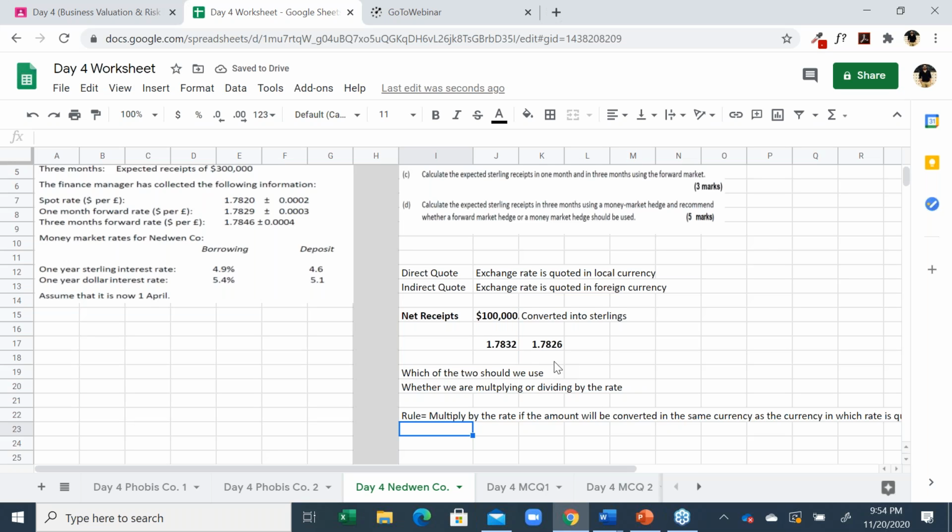Otherwise, divide. The rate given is in US dollars, whereas we are converting into sterlings. So what should we be doing? Dividing. Yes. Now it's very much clear. We must be dividing $100,000 by 1.7832 if we need to convert it into pound sterlings. Okay, so we will be dividing, right?